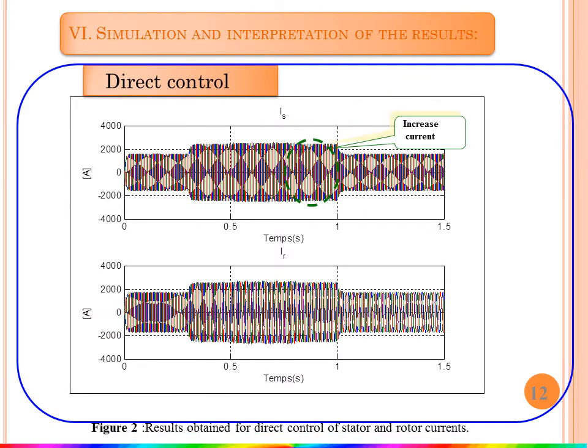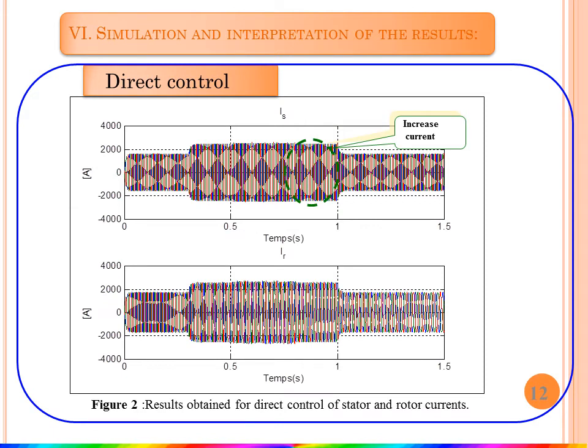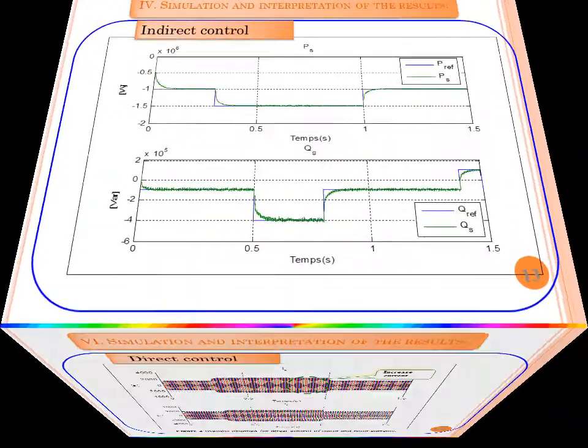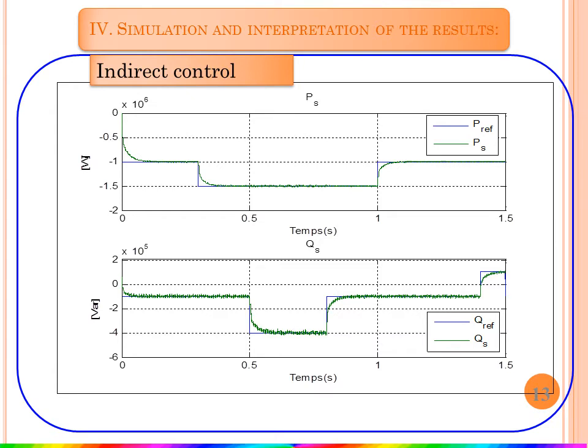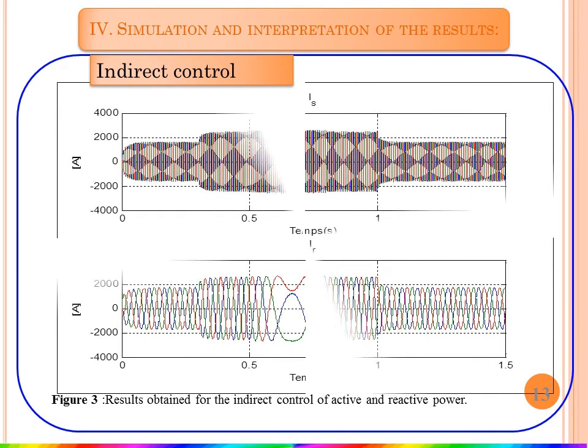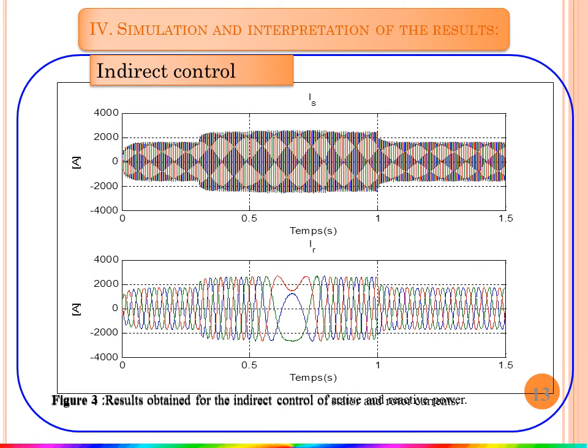Then, Figure 2 shows the result of direct control of stator and rotor current. We have the increase of the current. Secondly, we have indirect control. Figure 3 shows the result of indirect control of active and reactive power. Figure 4 shows the result of indirect control of stator and rotor current.